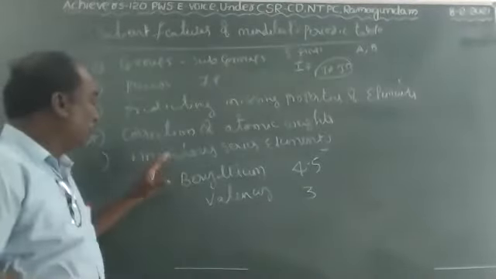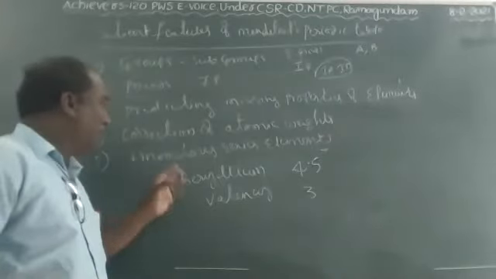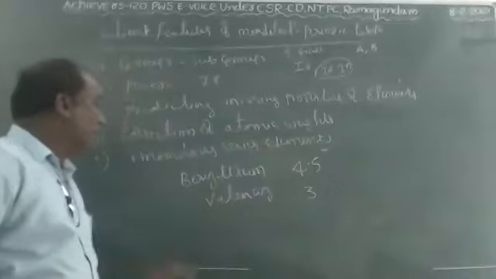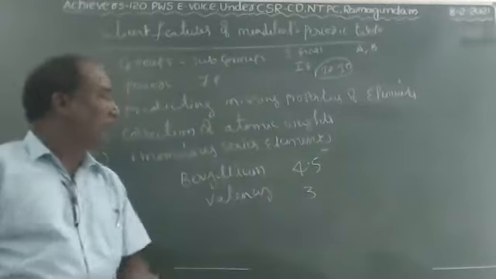In that, first is beryllium. At Mendeleev's time, they considered beryllium's atomic weight as 4.5 and its valency as 3.